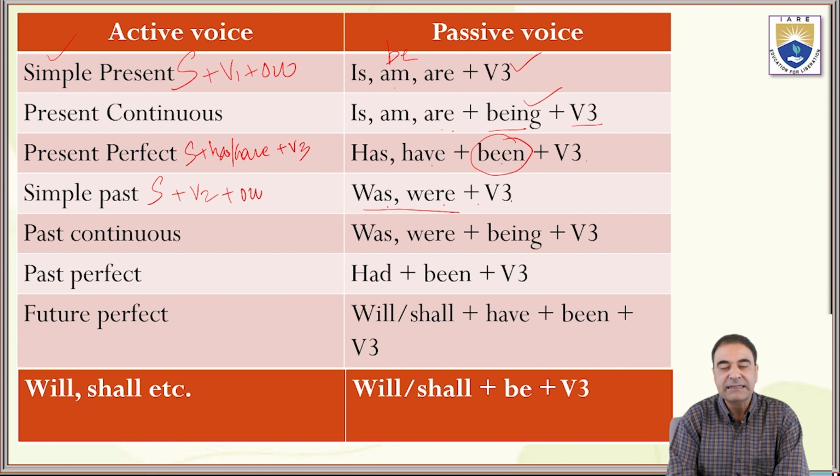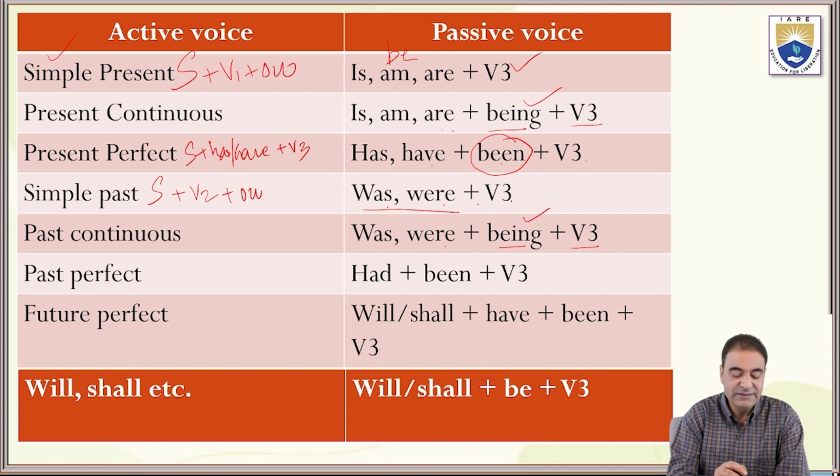Then we have past continuous, and the structure for past continuous is subject plus was, were, plus verb in ing form plus other words. And it will change into was, were, plus being, plus verb in third form. As I told you, for every continuous tense, we use being in passive voice. Therefore, was, were, plus being, plus verb in third form.